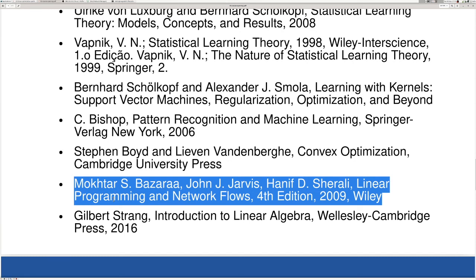Please try to get the book and read it. Read at least the points on linear optimization. That's going to be like 5 chapters, I think, from the 1st to the 5th chapter. So that's part of this class. Please read it and bring your doubts to the office hours.